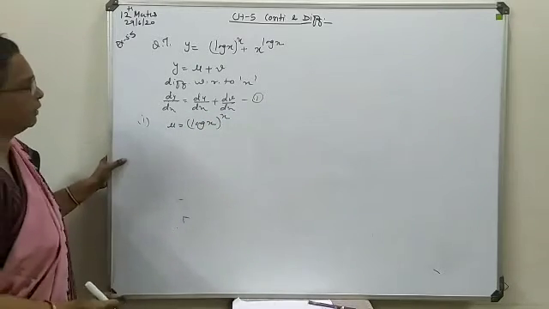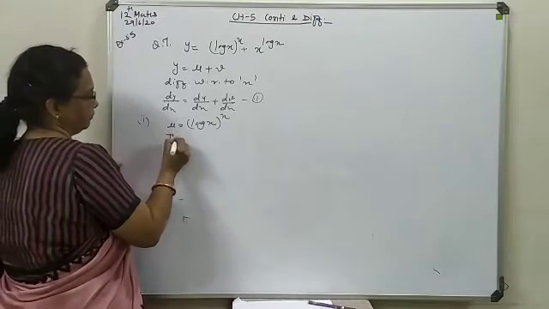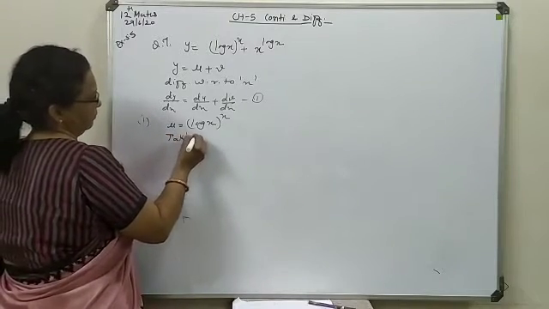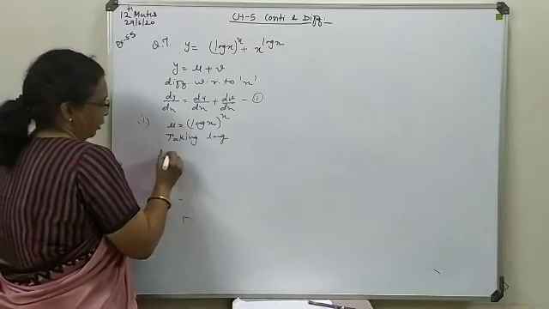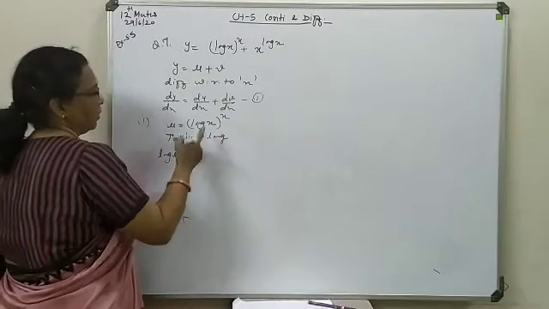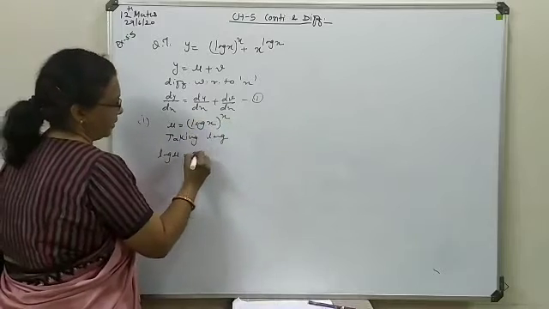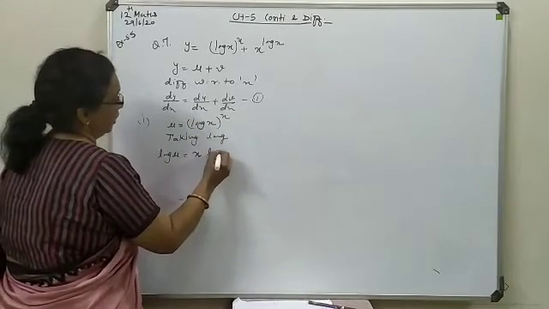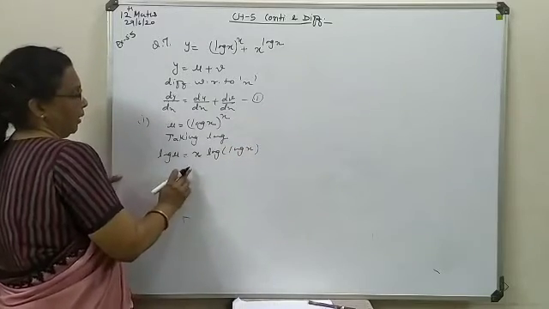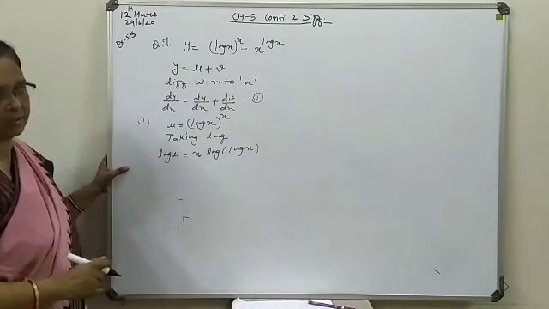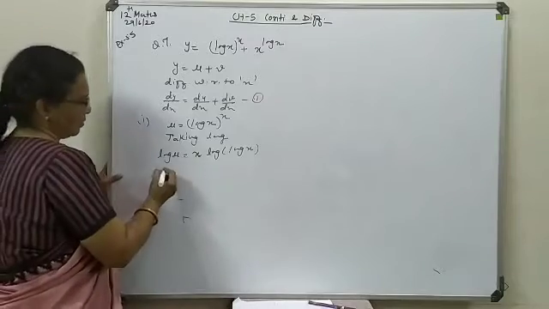Now we proceed for taking logarithm. So log of u, here if you take the log, your x will come out at the first position, x log of x. Now after this step we can proceed for differentiation.